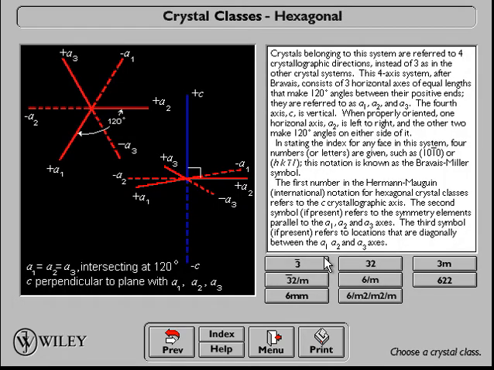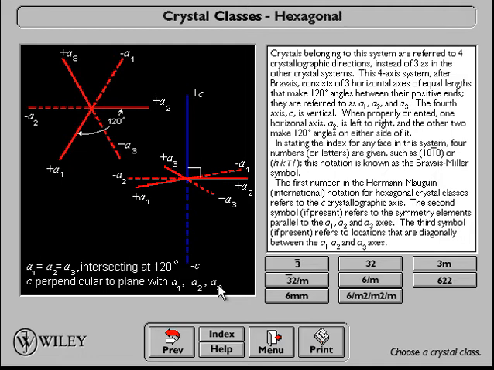Here we have a lot of examples: 3 roto-inversion, 3 2, 3 m, 3 roto-inversion 2 over m, 6 over m, 6 2 2, 6 m m, 6 over m 2 over m 2 over m. We have 3 axes, A1, A2 and A3, all of the same length at an intersection of 120 degrees. C is perpendicular to the plane with A1, A2, A3.